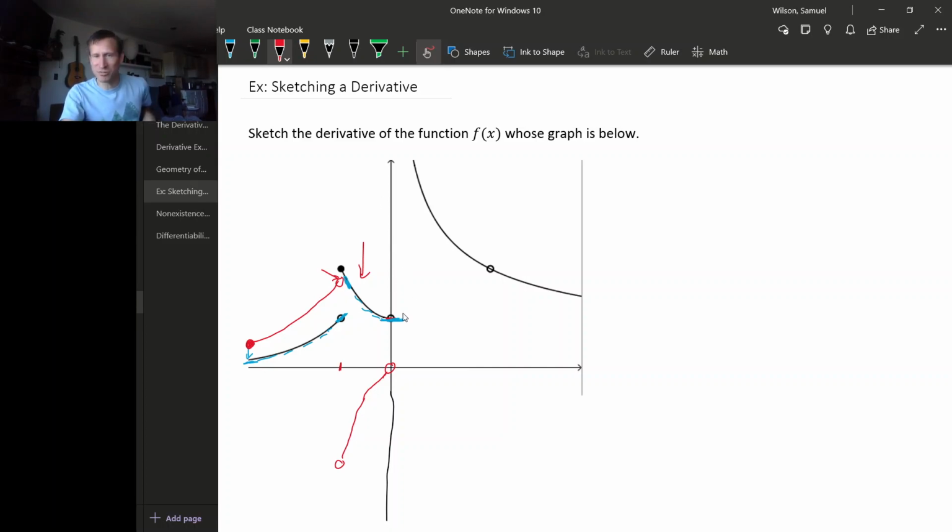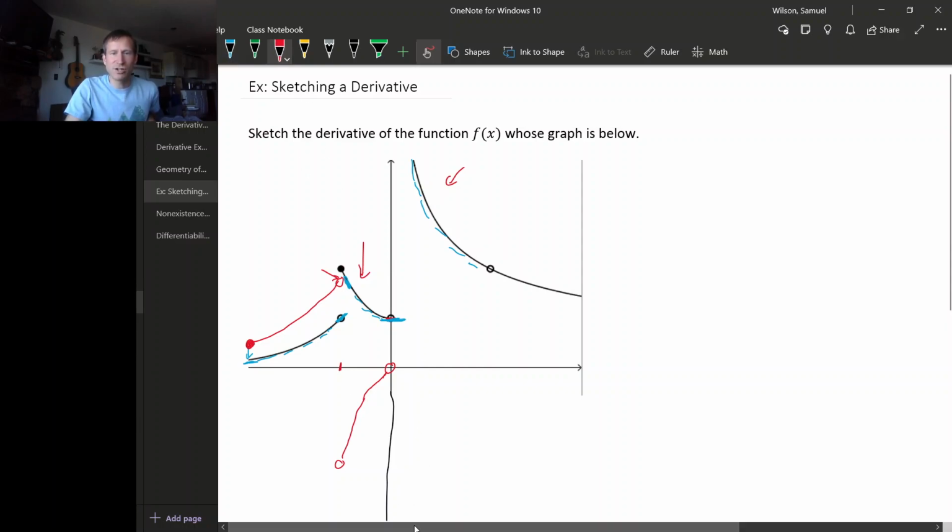Now immediately to the right, on this next piece of the graph, these tangent lines have negative slope, and this negative slope is quite large. So the height of the derivative should be negative and large, so it's going to jump way down here, and these tangent lines are getting less steep as we move to the right, so our derivative should start out negative and large and then get smaller.